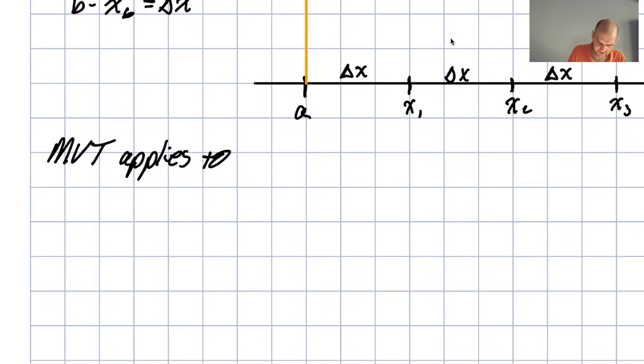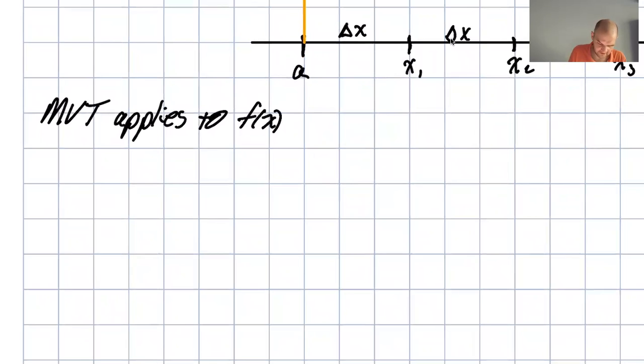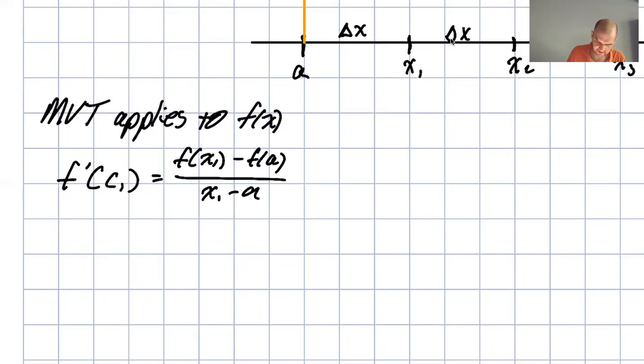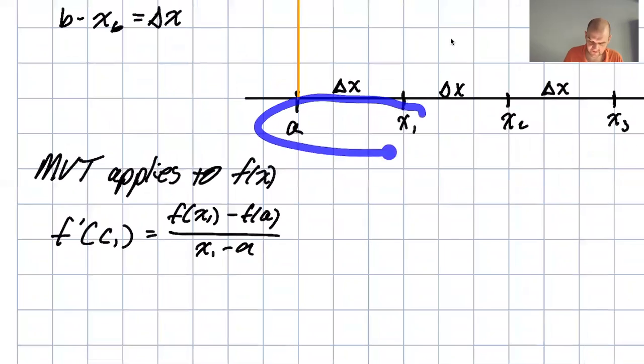So since MVT applies to f of x, we know that f prime of some c1 is going to be f of x1 minus f of a over x1 minus a, right? So there's some c1 in the interval from a to x1 such that f prime of c1 equals this.